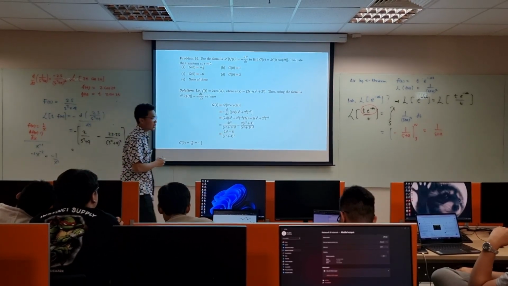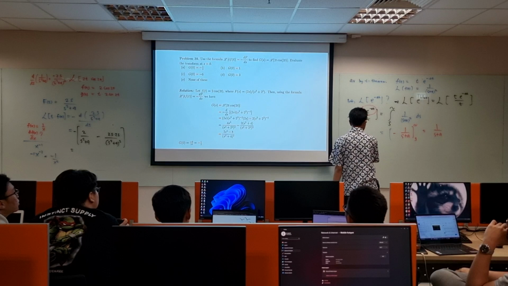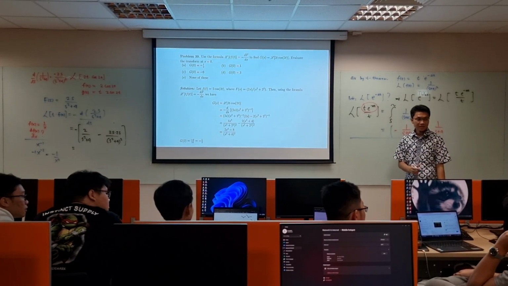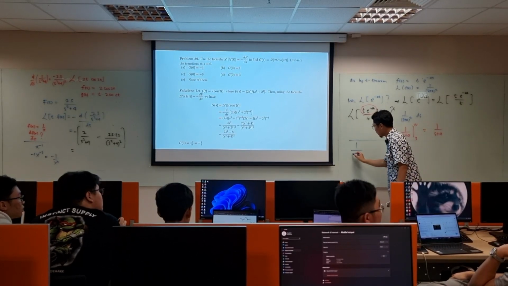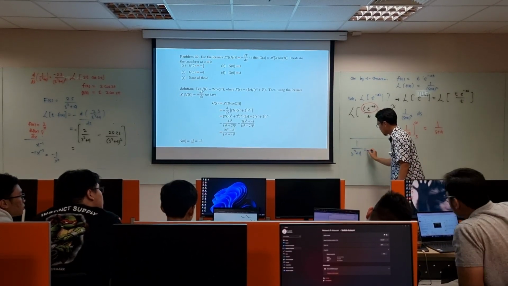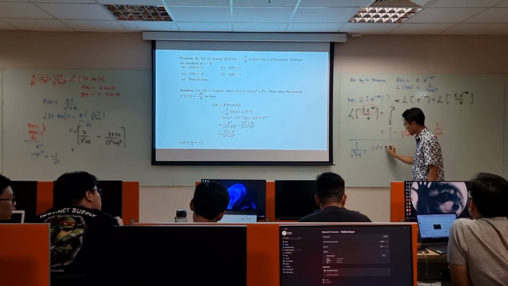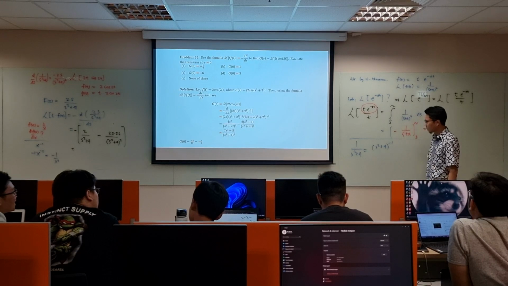Not so clear. Let me make it clearer. So 1 over s squared plus 4 is equal to s squared plus 4 to the power of minus 1. Agree?